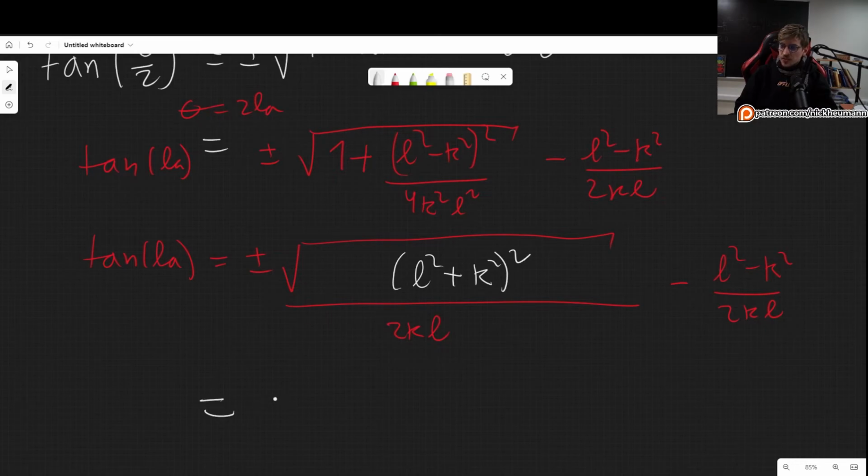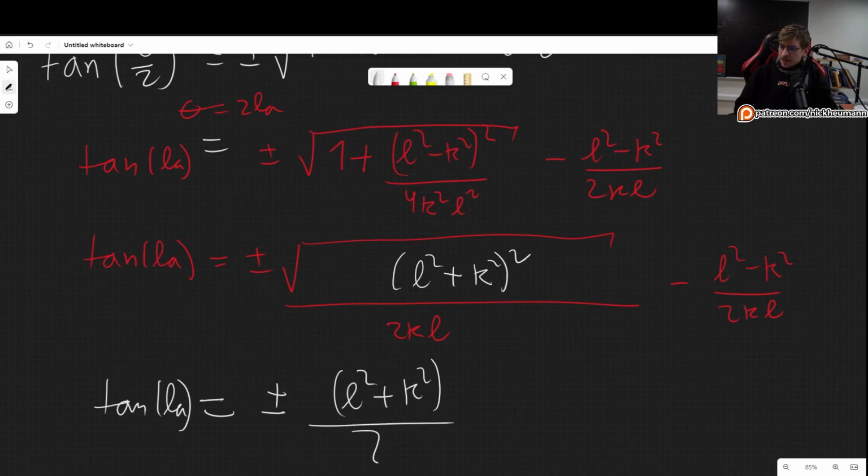So we can take the square root and we get that the tangent of LA is either plus or minus, then we get L squared plus K squared divided by 2KL minus L squared minus K squared divided by 2KL.